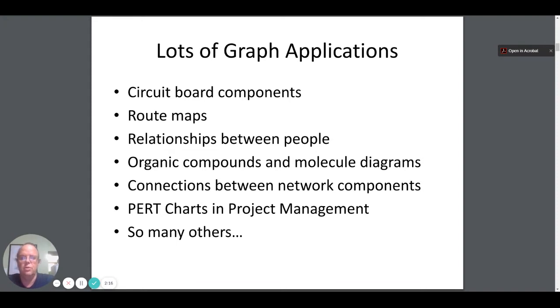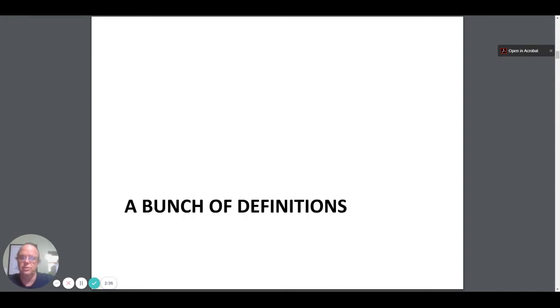Co-author graphs, etc., organic compounds and molecule diagrams. We'll see an example of those. Connections between different network components, PERT charts and project management, and there's a whole heck of a lot of other ones. So graphs are a very important data structure for modeling real-world phenomena, and we're going to see how we can produce graphs in C++.